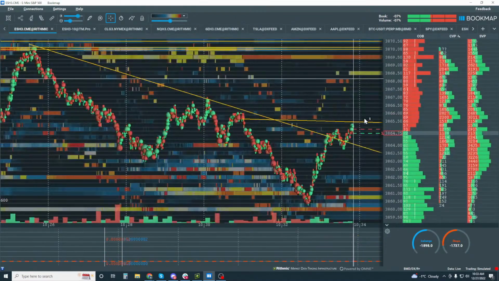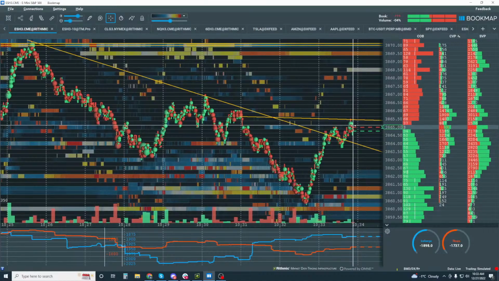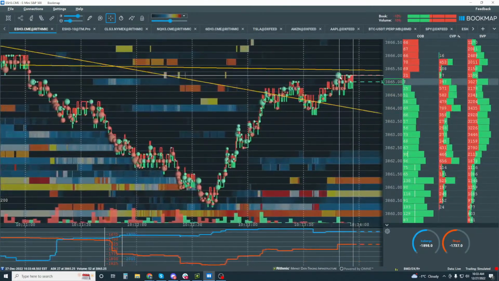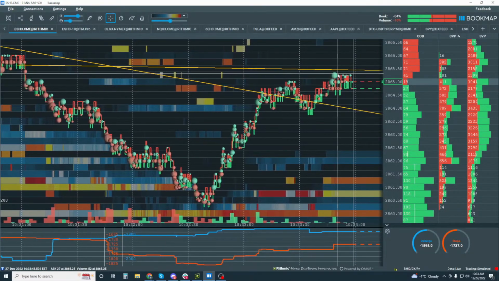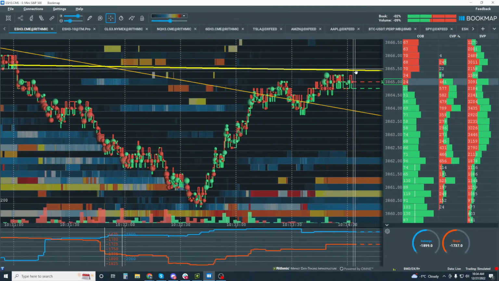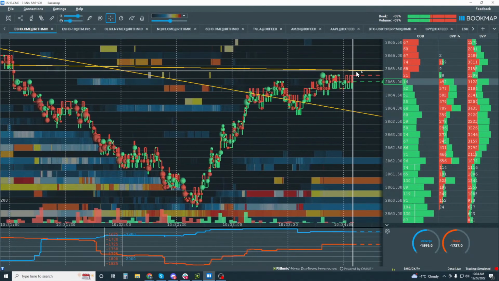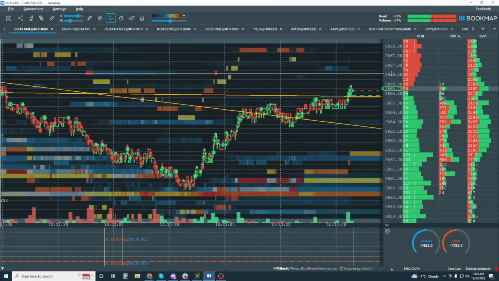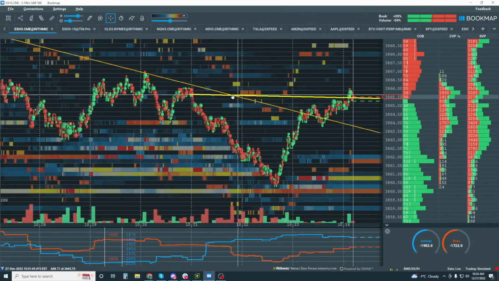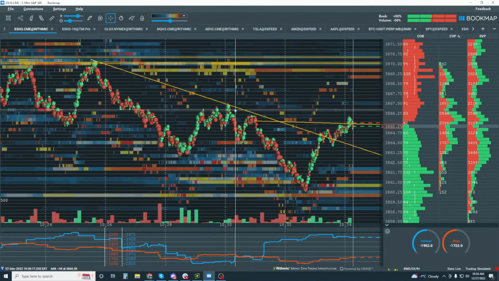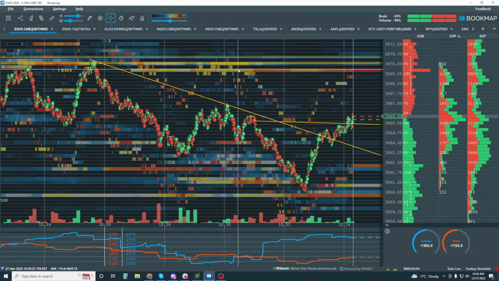Maybe we'll find exhaustion here on the buy side. Okay, we didn't find exhaustion here. We see buyers here. Right, and let's see if we get a retest up here and get buyers. Yeah, we do. Okay, so they should be able to take this higher then. So let's see, back up into these swings here, back up to 67, and then maybe back up to our 70 level here.